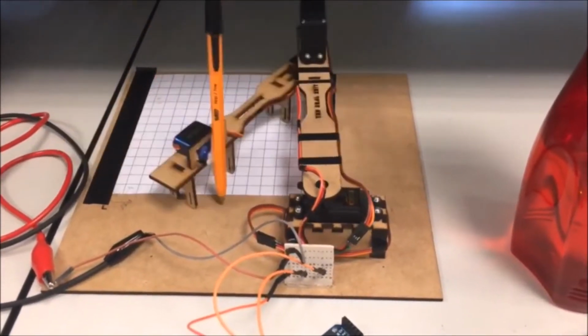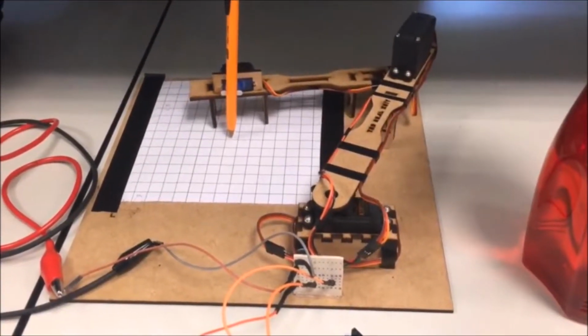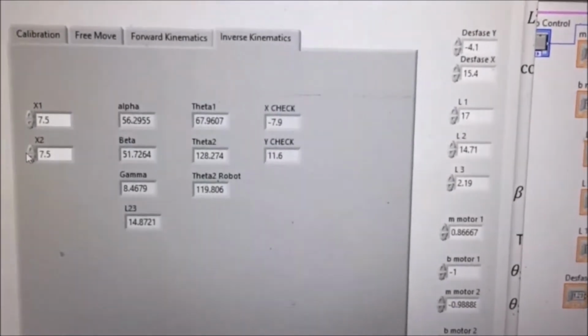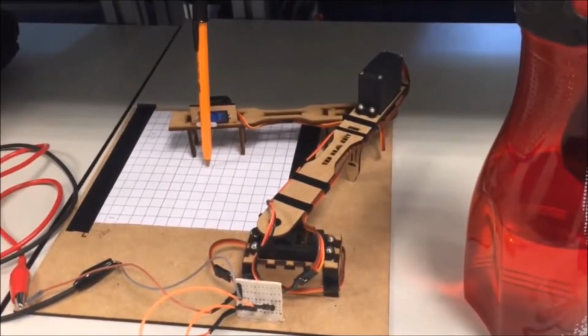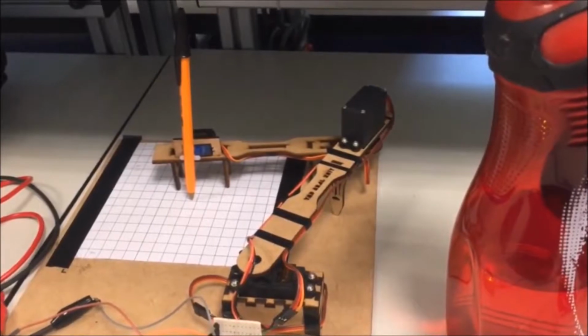So again, if we send it to 7.5, the robot goes there with no error. There you can see in the program what we're sending. Finally, if it goes to 15, 15, it will go with no trouble.